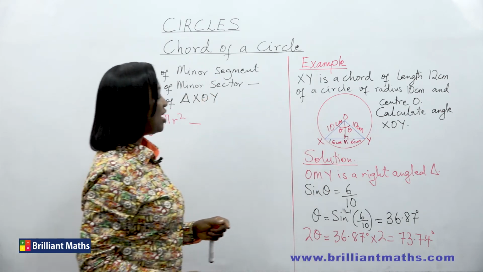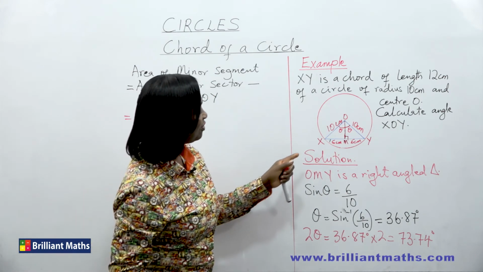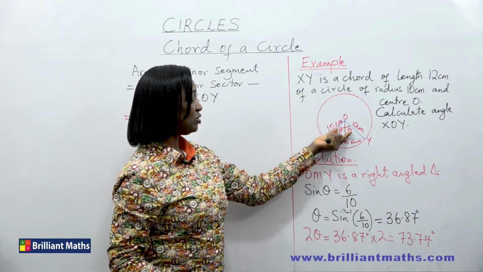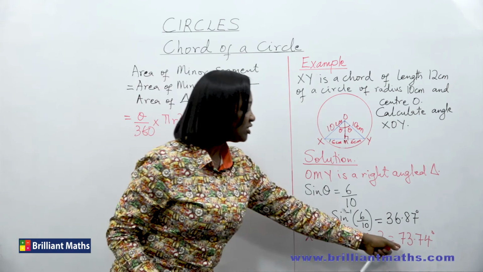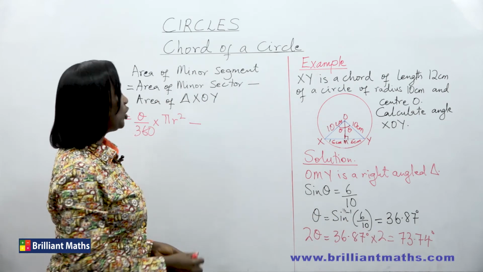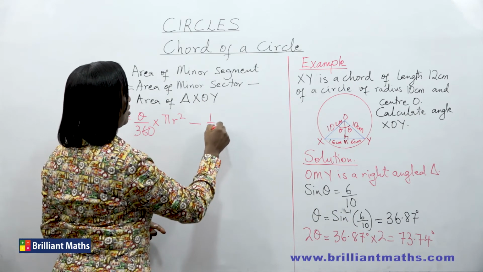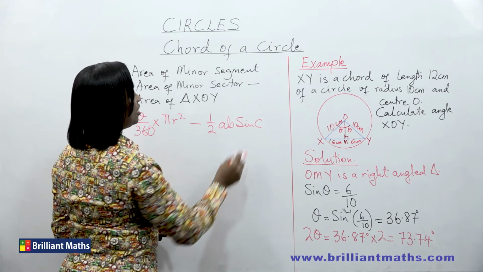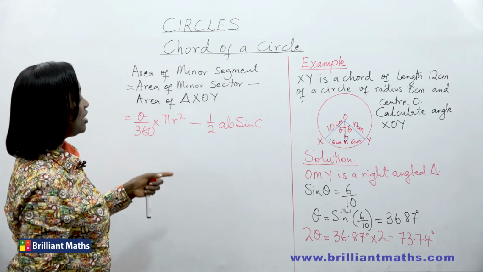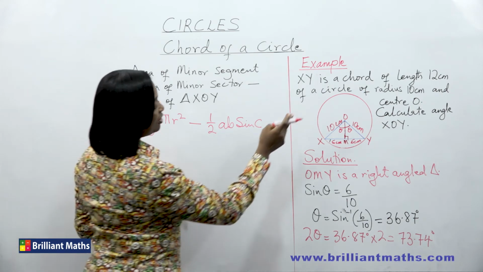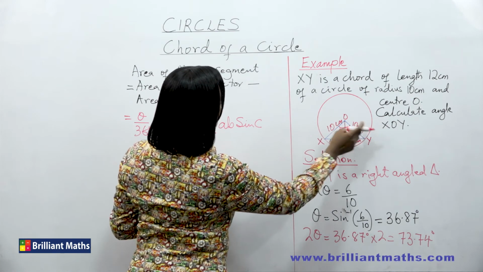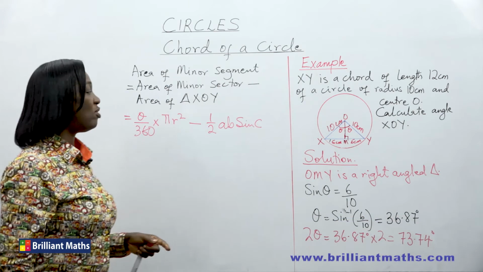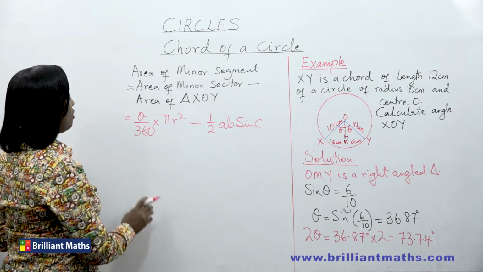Because we have two sides and an included angle, that's our 2 theta, which is 73.74 degrees, we'll use half AB sine C, or better put, half 10 times 10 sine 73.74. I'm just using general formulas here.